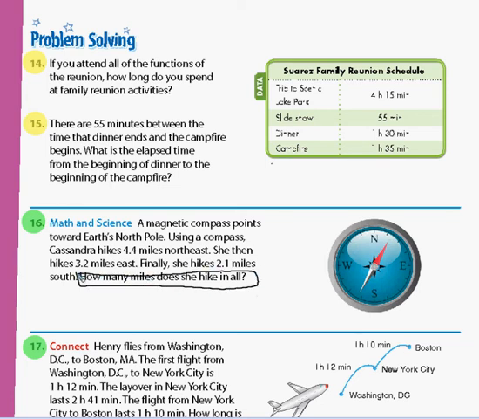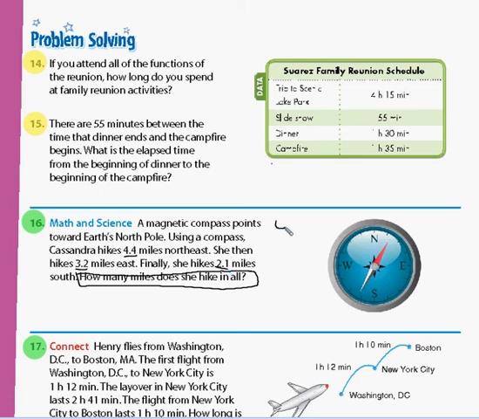Okay, it's all miles, and she's hiking different directions, but it's just an addition problem. So that's 4.4 miles, 3.2 miles, 2.1 miles. I think that's all the different ways she hiked, 3 different directions. So we're just going to add those up.